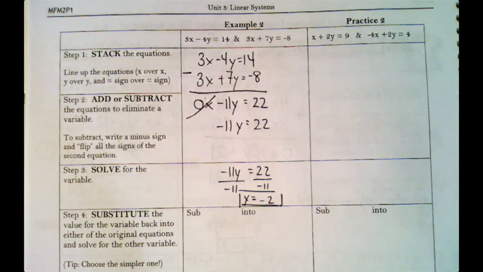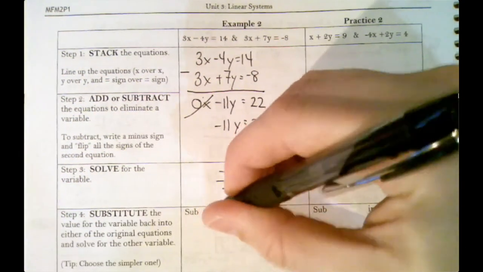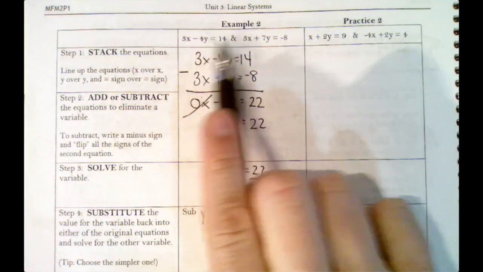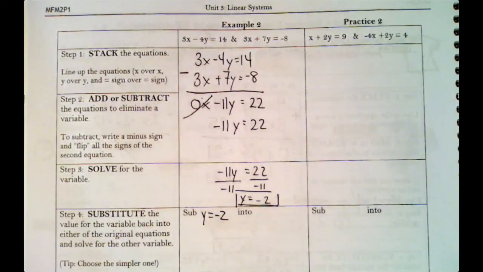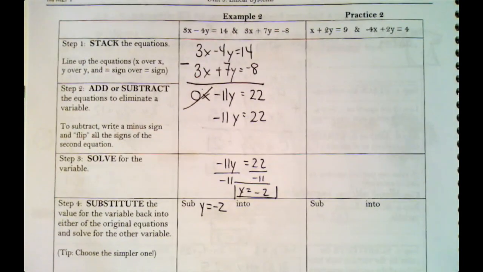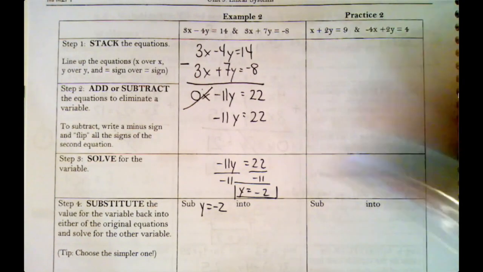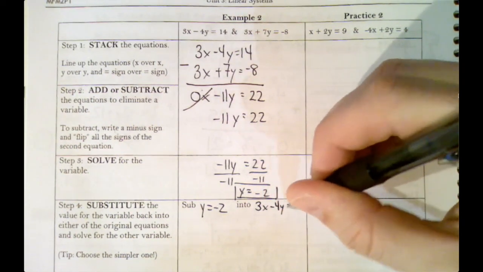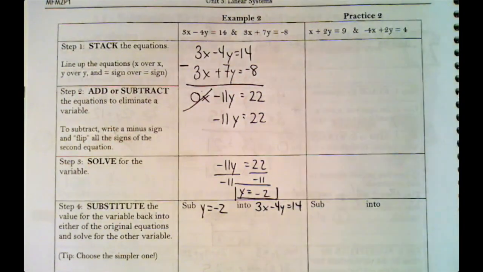To finish elimination, we take what y is, and we replace it into either the first equation or the second equation, right into where y is. Doesn't matter which equation, I'm going to pick the first one. 3x minus 4y equals 14. If you pick the second one, that's fine too.